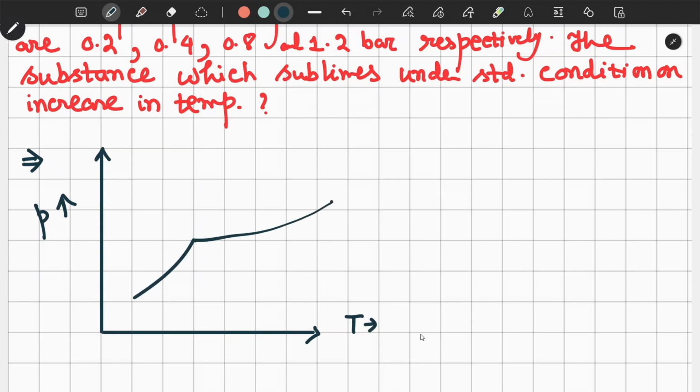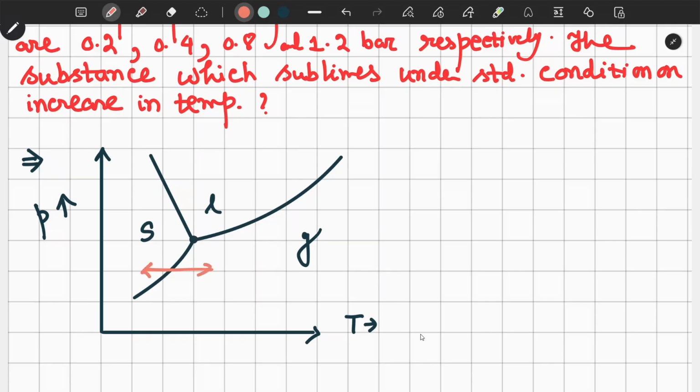So when sublimation occurs, for any phase diagram question, just first draw an arbitrary phase diagram, let's say for water or anything, then you just read it. So this is our triple point, and sublimation means this. Sublimation occurs when you are increasing temperature, so you go in this direction.